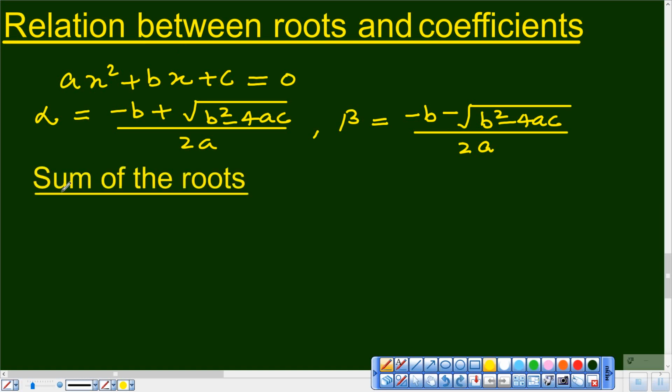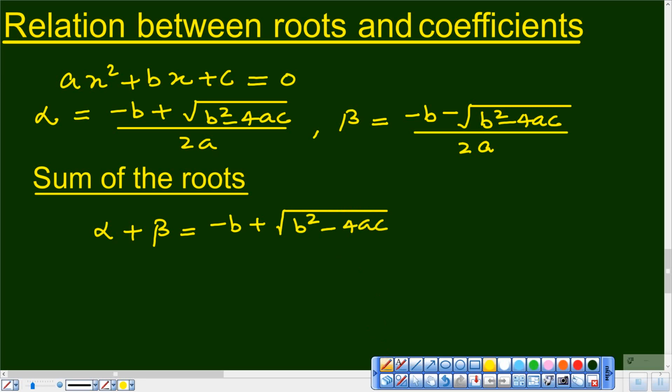Now, the sum of the two roots, alpha and beta, can be written as alpha plus beta equals minus b plus under root b square minus 4ac.